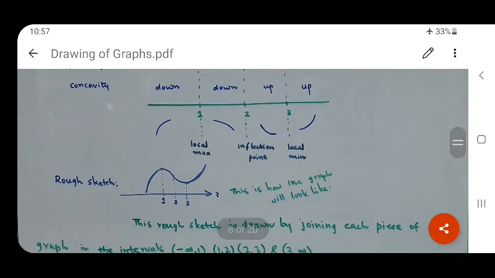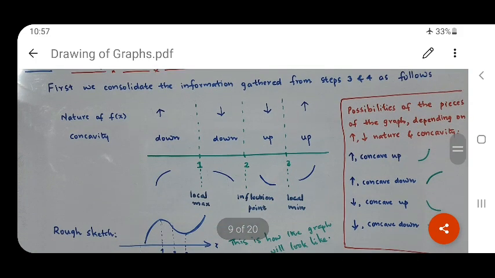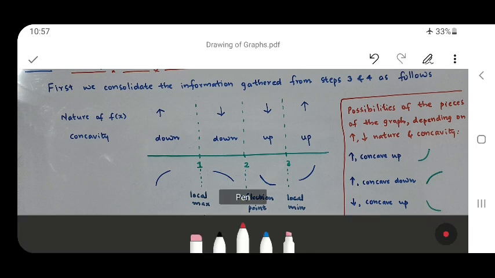So joining these 4 pieces, we have a rough sketch like this, which I have mentioned there. Okay. So these possibilities are mentioned here. If it is concave up and increasing, then this is the curve which can be drawn.